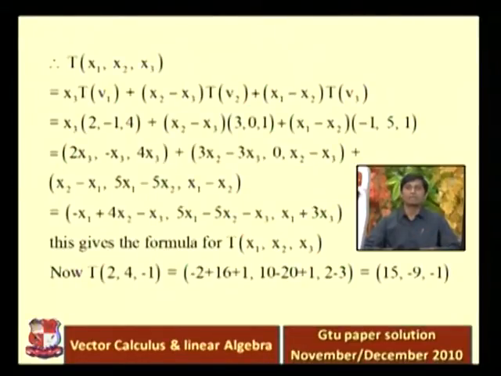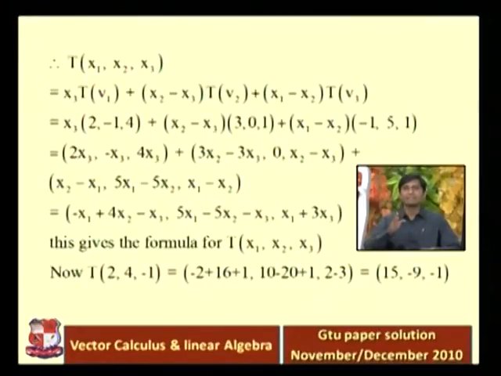Now just add coordinate-wise. The first coordinate in the first vector is 2x3, so 2x3 plus 3x2 minus 3x3 plus x2 minus x1, that is minus x1 plus 4x2 minus x3. Just simplification, it's quite easy to understand.